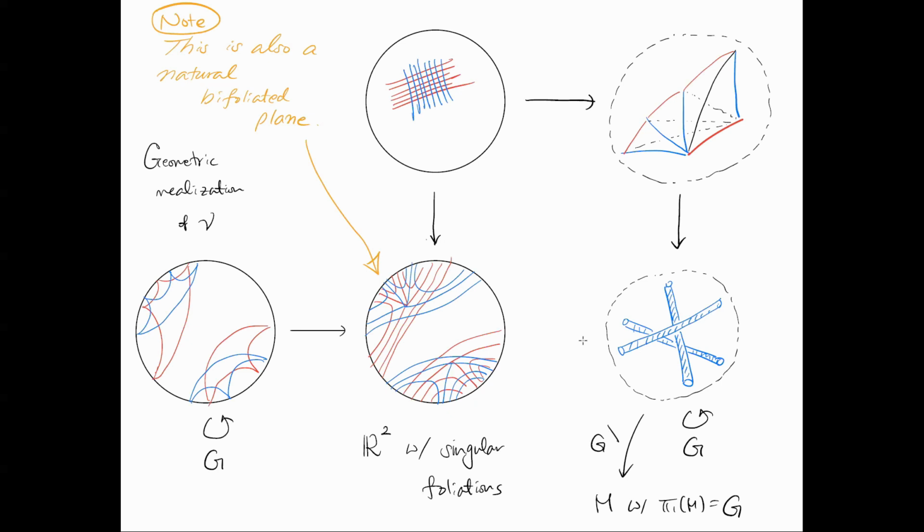So by the way, this is also considered as a bifoliated plane, where the bifoliations are regular, but people actually consider a plane with a transverse pair of singular foliations, where singularities are prong singularities, isolated prong singularities, as a bifoliated plane as well. So in a broader context, this is also a perfectly good bifoliated plane.